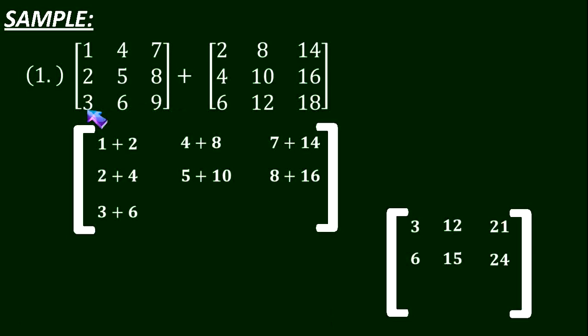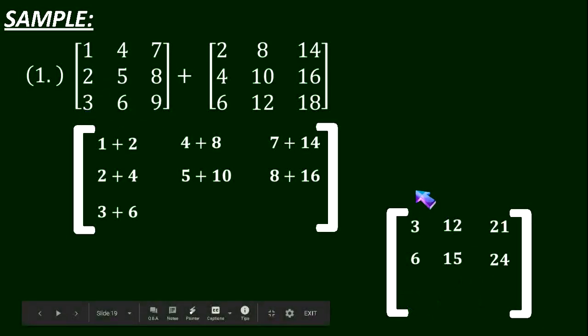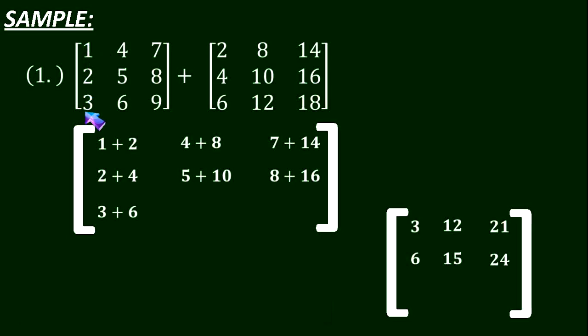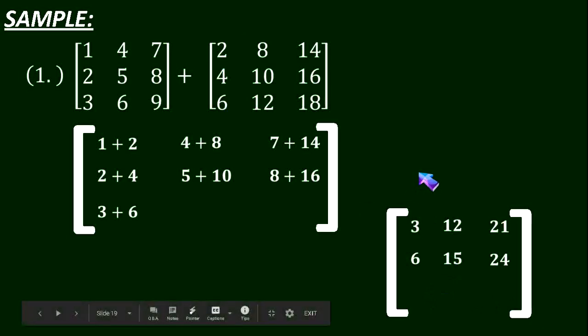We have here the third row of the first column. Our entry in the third row of the first column, you have to add the third row of the first column of the second matrix, and our answer should still be in the third row of the first column.